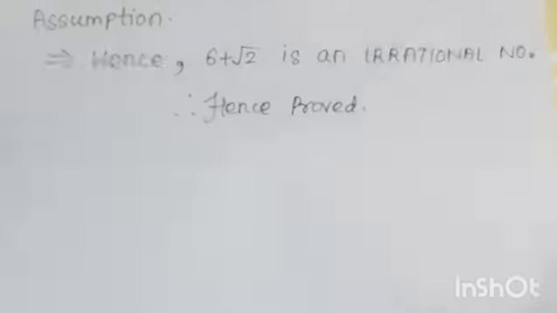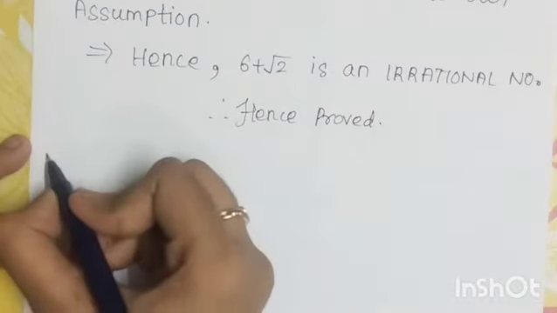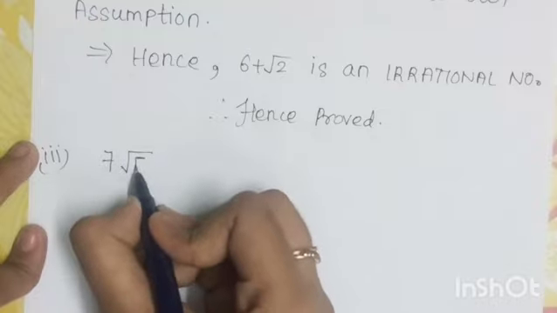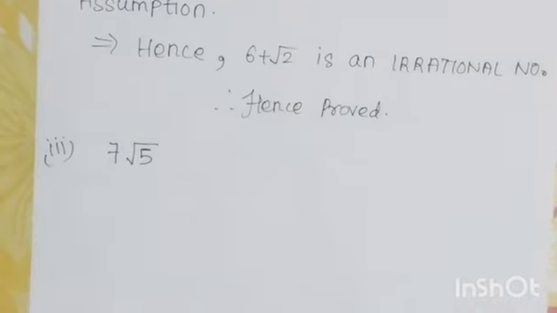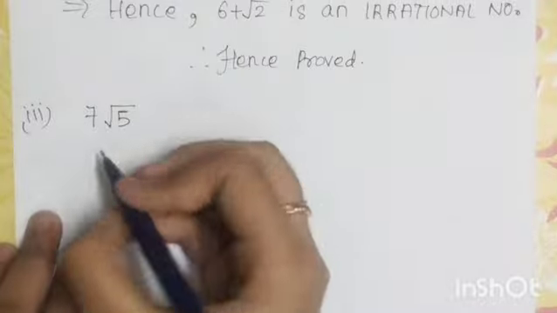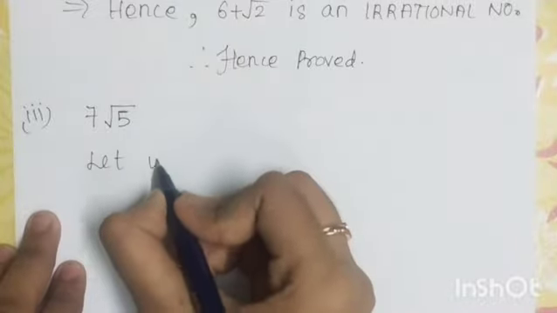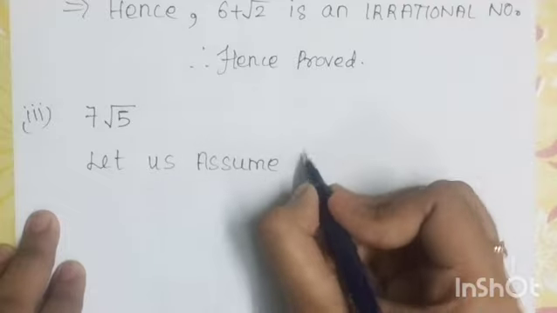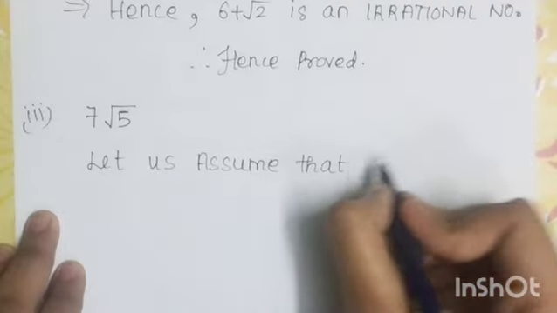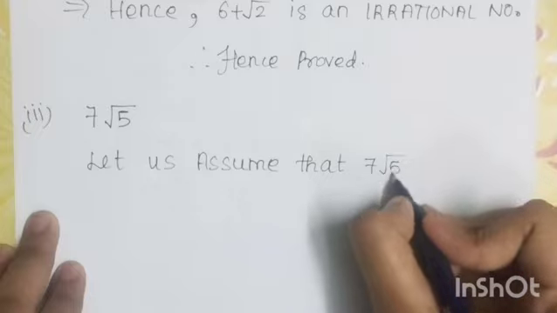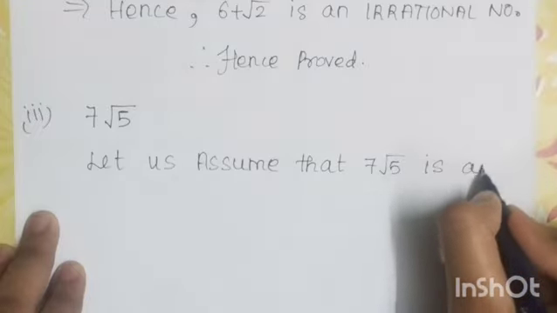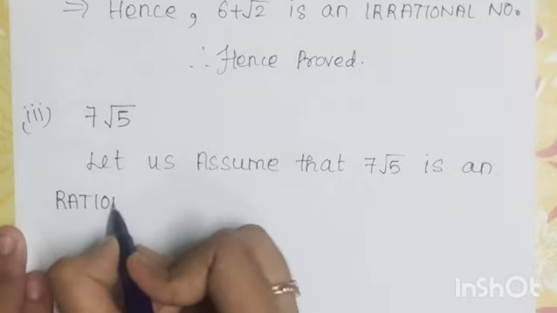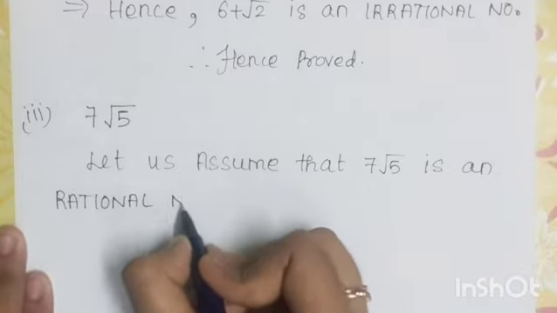Okay, so next our third sum is 7 root 5. Now we'll see this. So the third one, 7 root 5. What is our first step? Let us assume that 7 root 5 is a rational number.